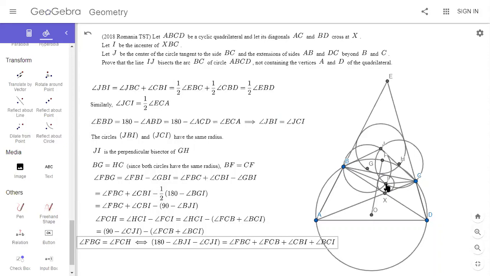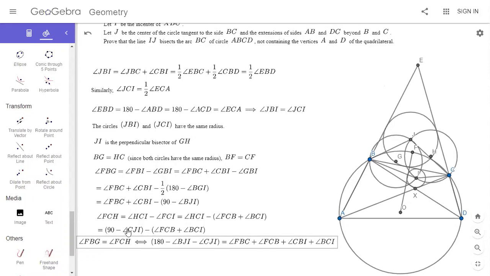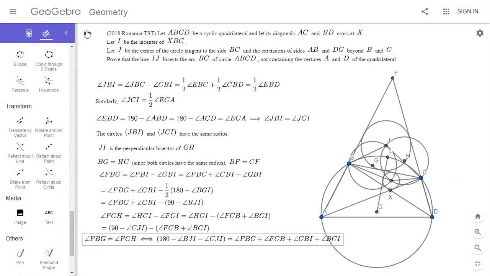And yeah, I'm sure you could do an angle chase to show that those are equal. Yeah, I see a way to do that. I'm trying to see if there's a fast way to do it, but really this is just an angle chase. So I'm not going to write out the whole thing, but I'm just going to say these are equal by an angle chase.